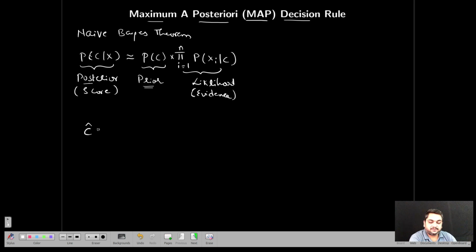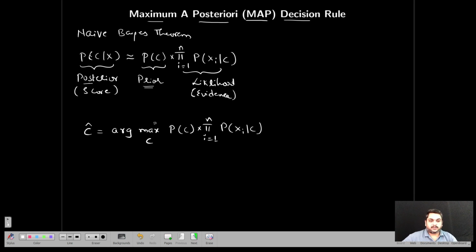C is the class which I want to predict, and I can write it as argmax over C. I will explain what it means. For all the classes, you calculate this posterior probability and then select the maximum posterior probability. That is called the MAP decision rule.